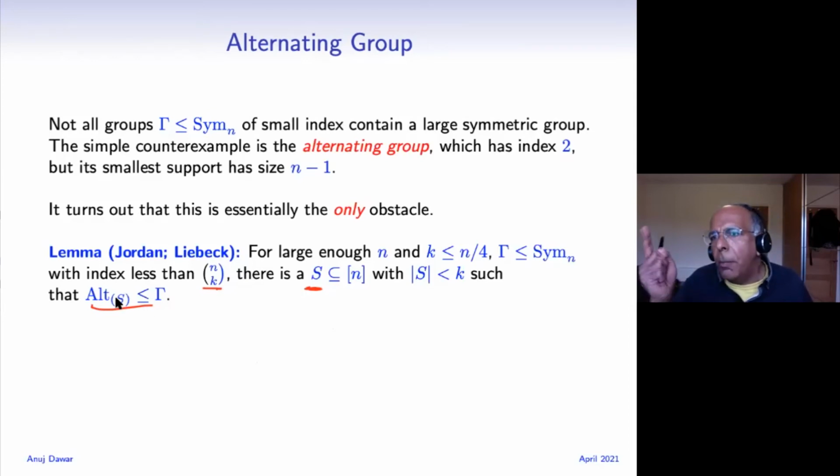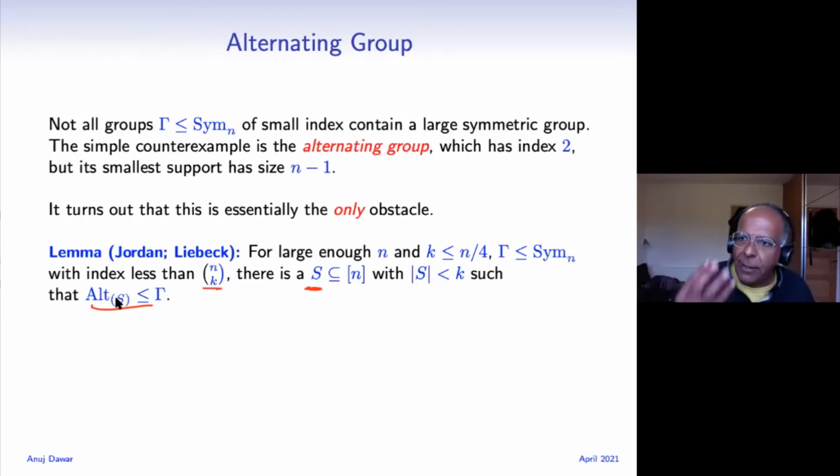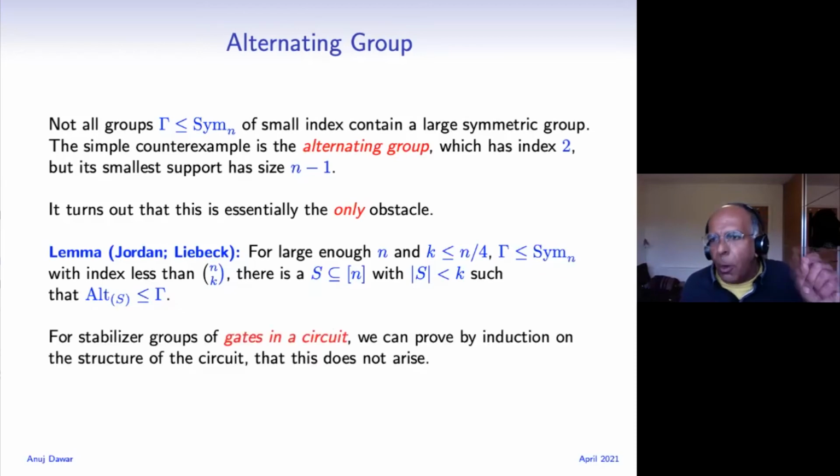This is all even permutations of elements outside S, all even permutations which fix the points in S itself. So this says basically that any subgroup of Sym n which has small index contains within it a large alternating group. And then we get our support theorem for the circuit by showing, by induction on the structure of the circuit, that when the stabilizer group of a gate contains a large alternating group, it necessarily contains a large symmetric group. Okay, right.